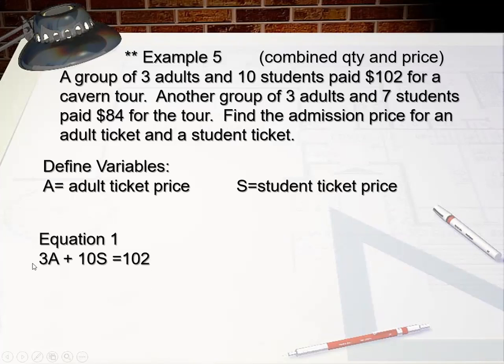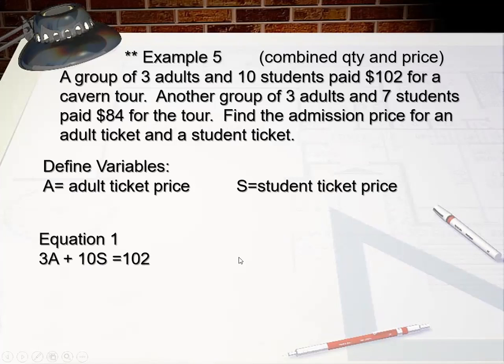So our first equation, this is different, that's why it's starred up here, because we now have prices. Okay, so 3 adults and 10 students paid $102 for the tour. So 3 adults plus 10 students equals $102.